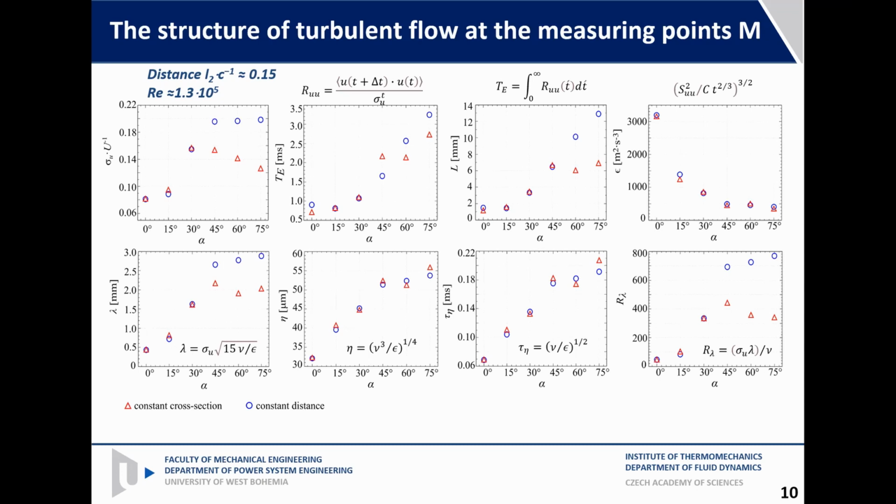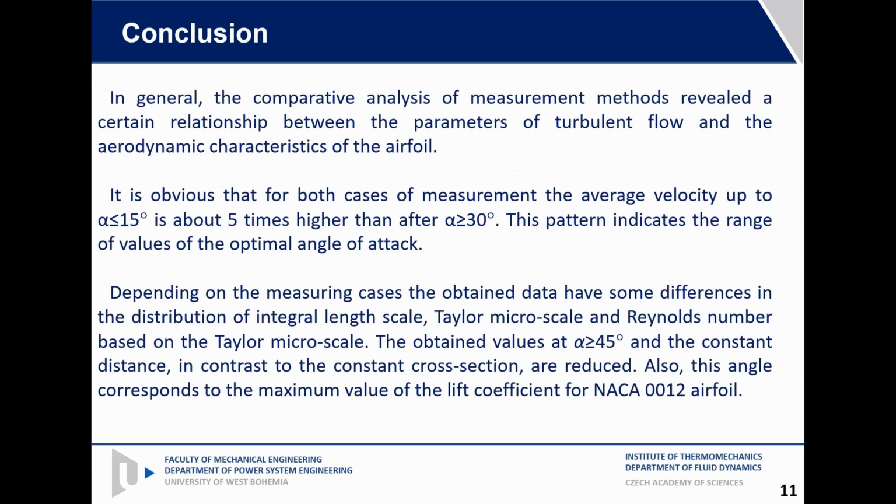What is the conclusion? It means that when we want to investigate the structure of turbulence at high angles of attack, we must think about which methodology we want to use, constant cross section or constant distance, because after 45 degrees the values of the structure of turbulence have a big difference.